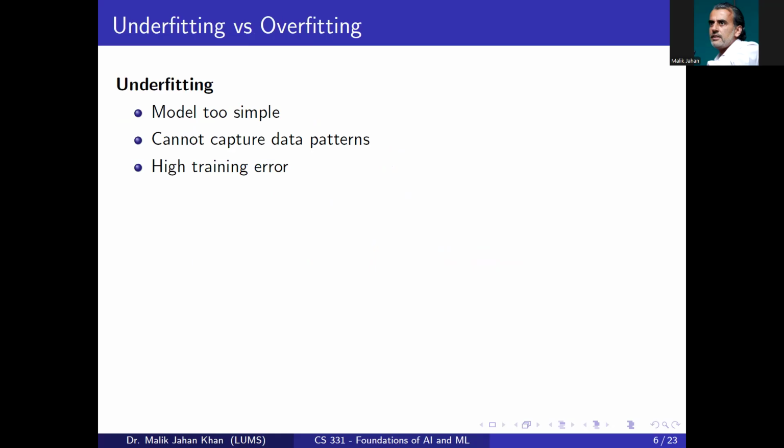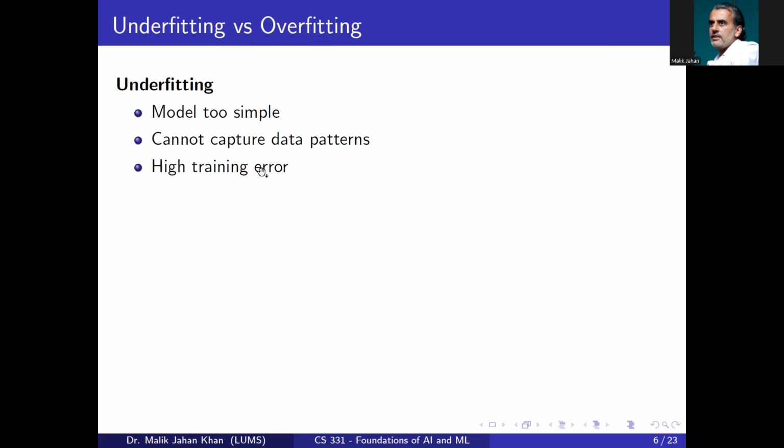So underfitting is a phenomenon which refers to the notion of the model being too simple. And when we say the model which has been trained is too simple, that means it is unable to capture the exact relationships between inputs and outputs of the training data. And as a result, it induces high training error.